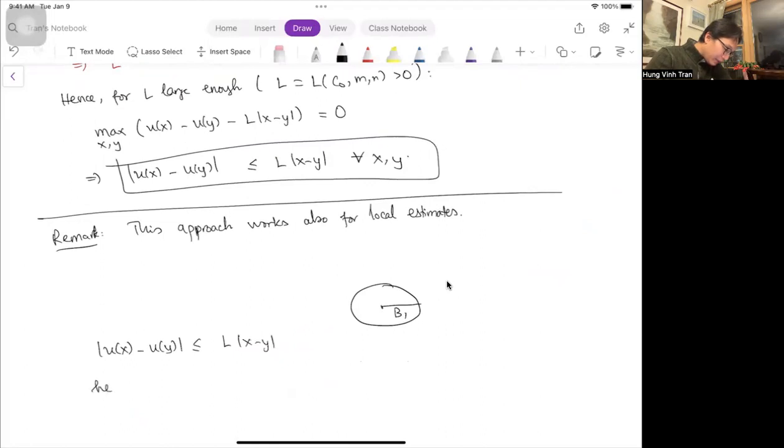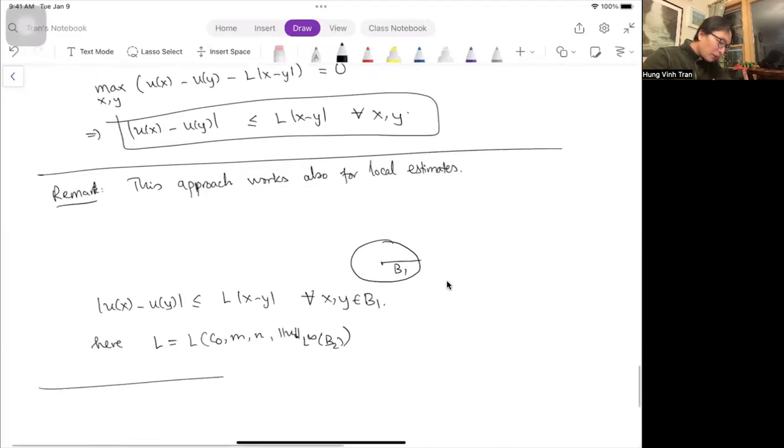And here, L depends on C naught, m, n, and also the L infinity norm of u in, let's say, a bigger ball B2, for all x and y in B1.